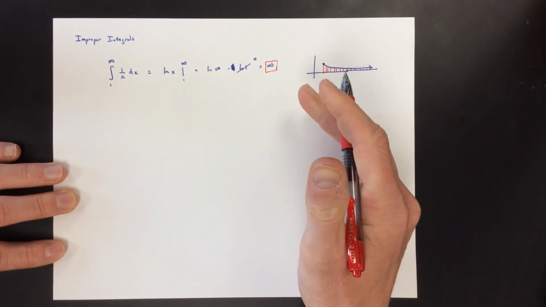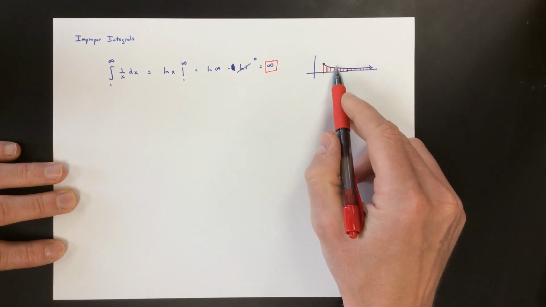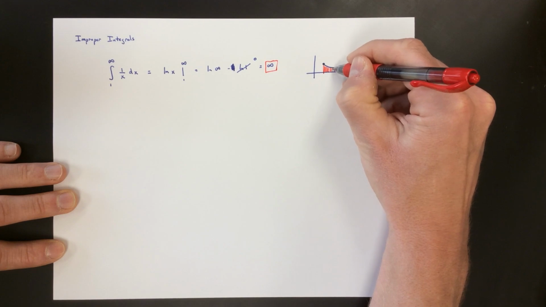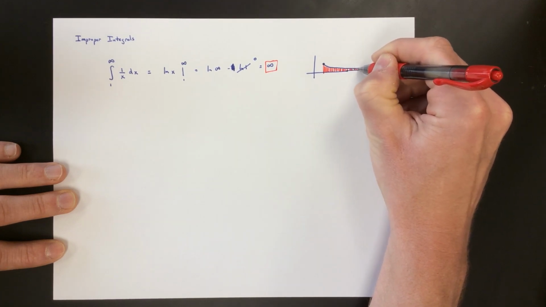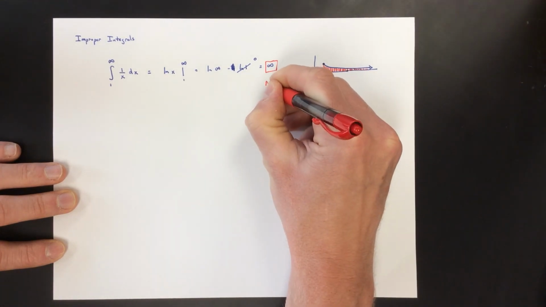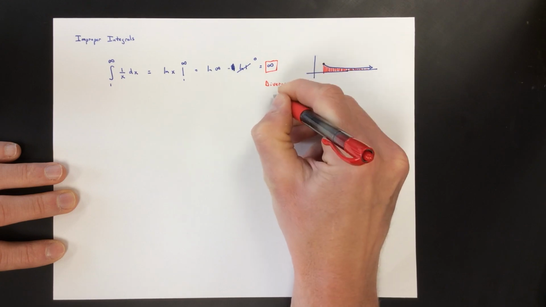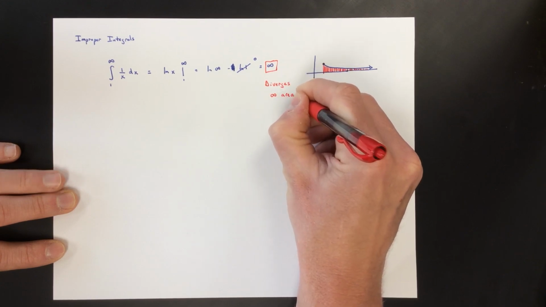Not finite. That's maybe new to us, but this red area is infinitely big, and we use a word to describe that: we say that it diverges. Diverges, meaning it has an infinite area in this particular case.